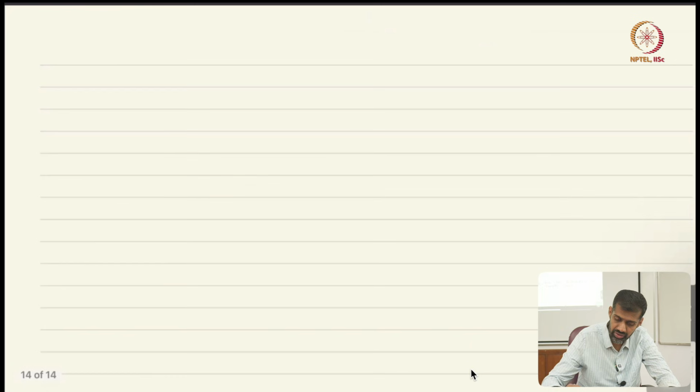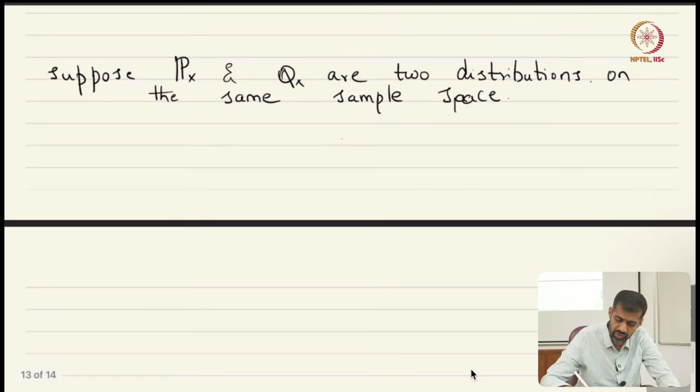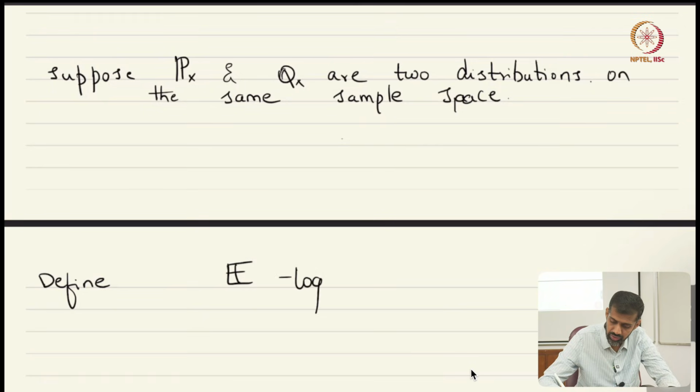Let me go to the next page. Define the expectation of negative of log of Qx. This expectation is computed with respect to Px.